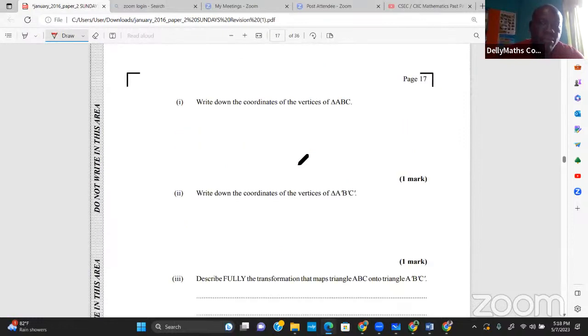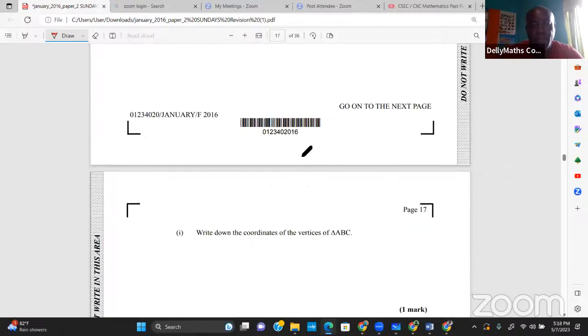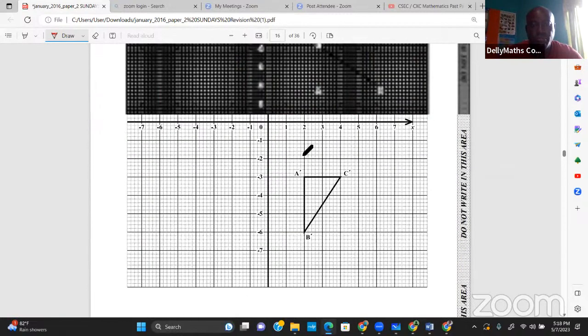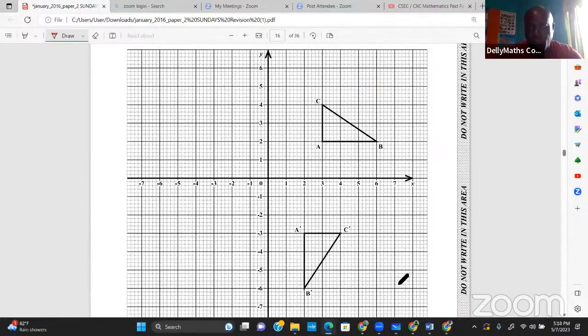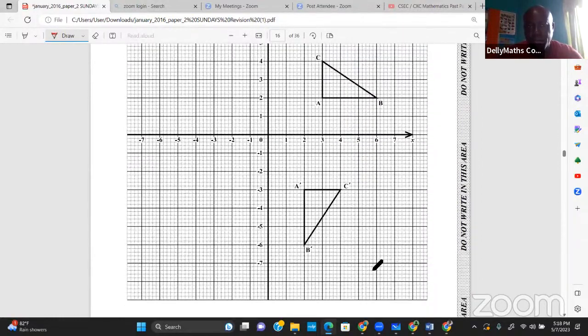Question says, write down the coordinates of the vertices of ABC. We want to write them down. All right. Where I could write them down. A is (3, 2).